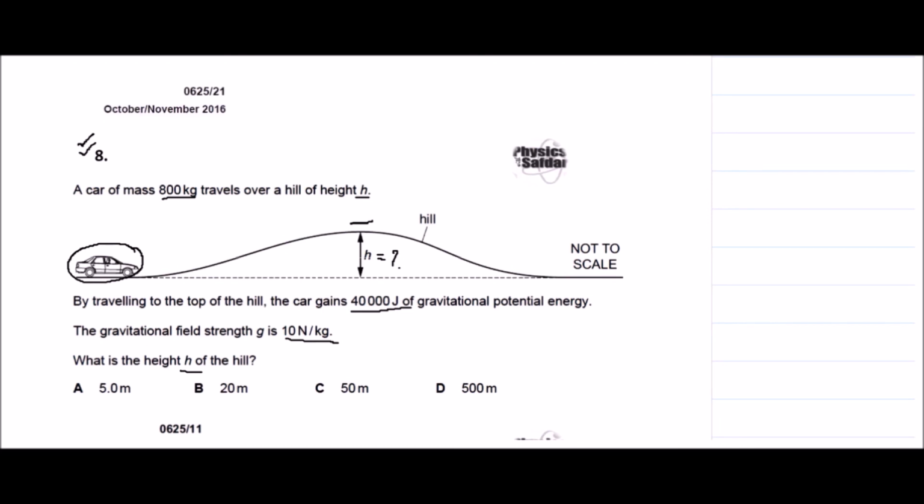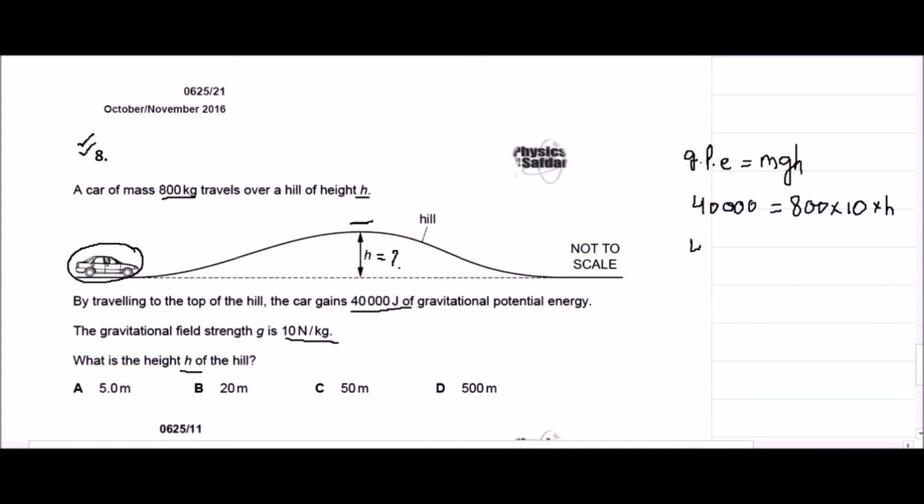So write the equation of gravitational potential energy. Gravitational potential energy you can write like this: m times g times h. And we need h, so make h the subject.